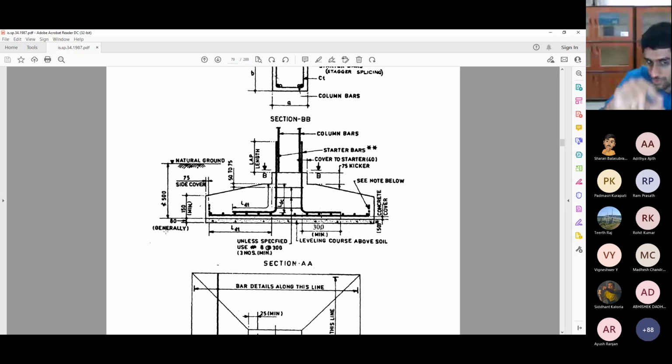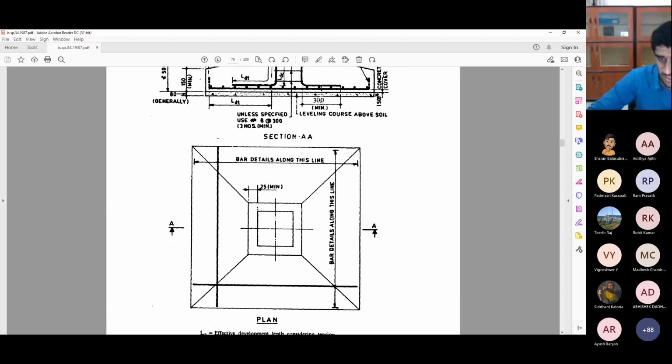They give a PCC layer of 80 mm. 80 mm is minimum, but usually people give 150 mm or more than that. That much thickness of PCC is given, and then above that, this is given. Concrete cover, as I told you, should be at least 50, that's mentioned here.